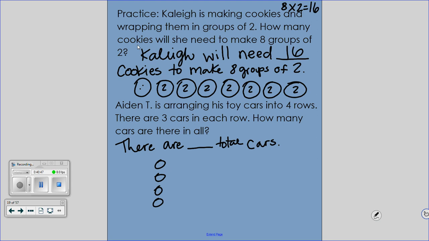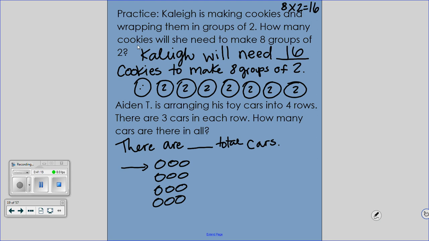And then my next sentence tells me there are 3 cars in each row. So in this row, 1, 2, 3. In the next row, 1, 2, 3. 1, 2, 3. So now I have an array.